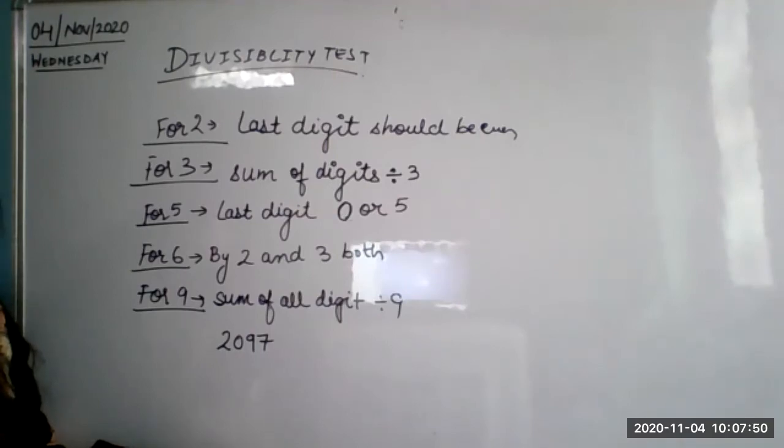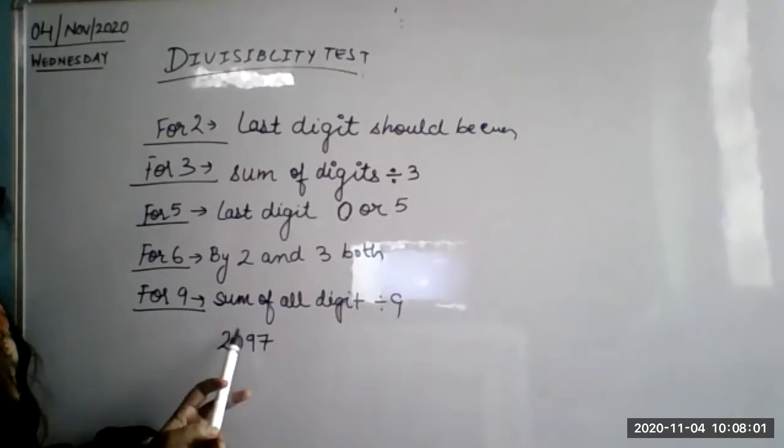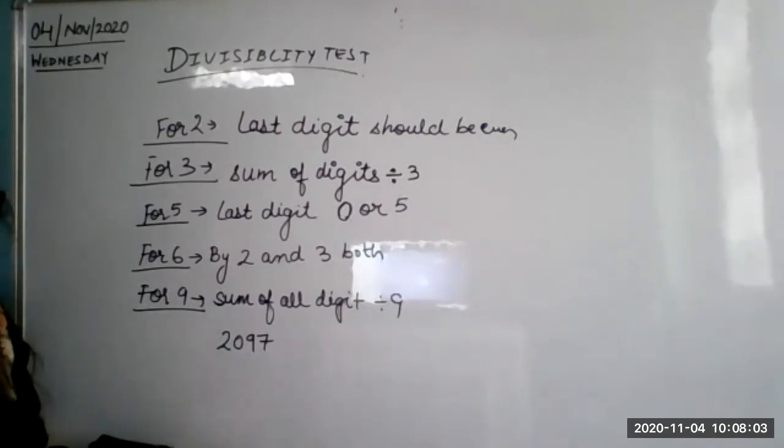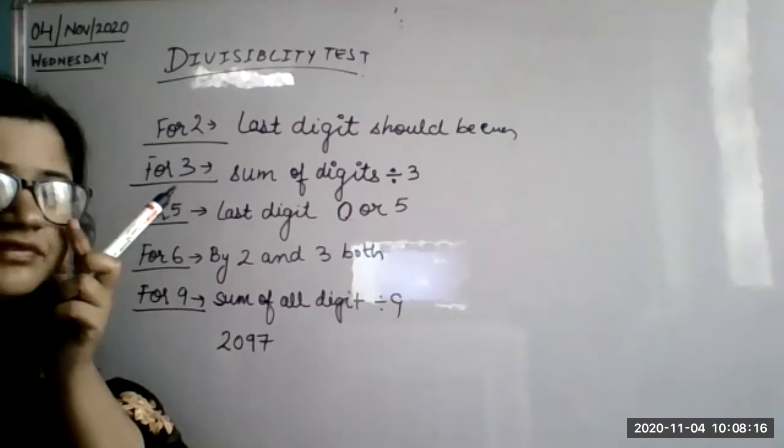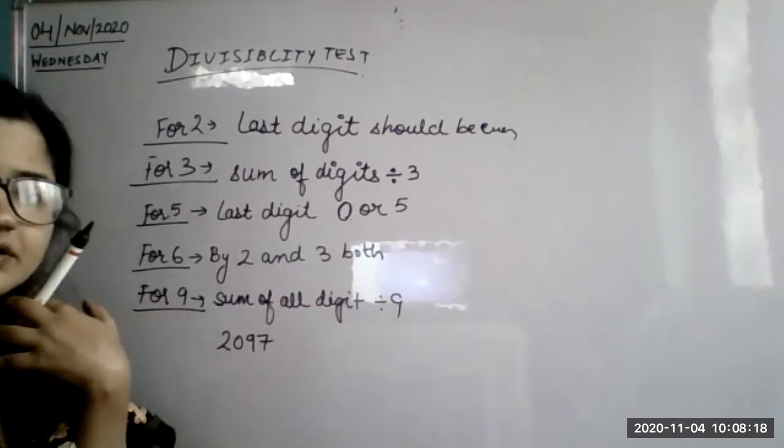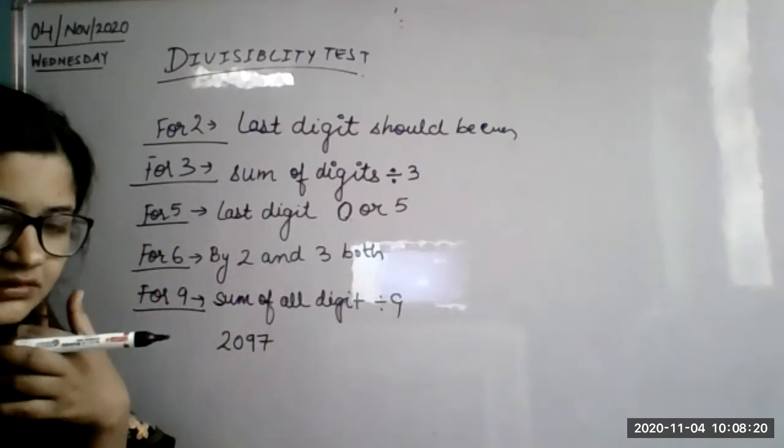Why is 2097 not divisible by 9? Girl, tell me. Ma'am, because it is not.